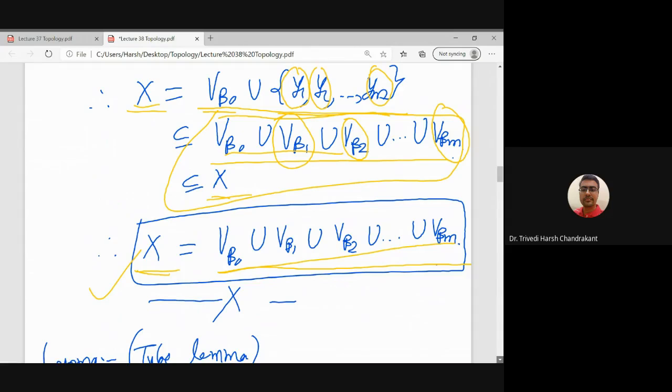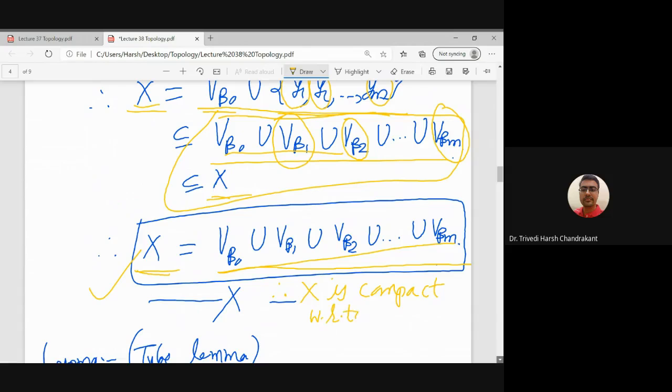So in the second case, when X is infinite, we can also choose a finite subcover, therefore X is compact with respect to the cofinite topology.